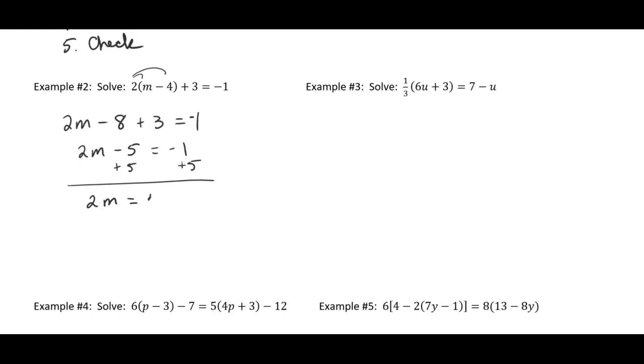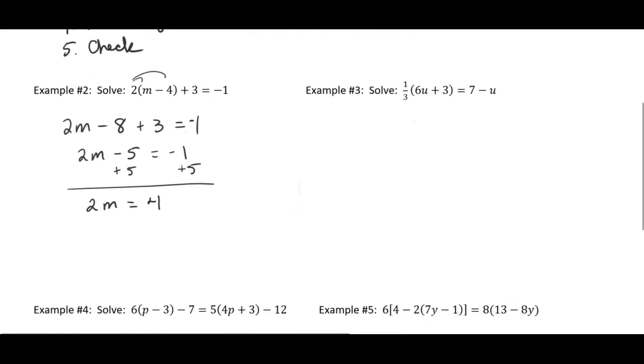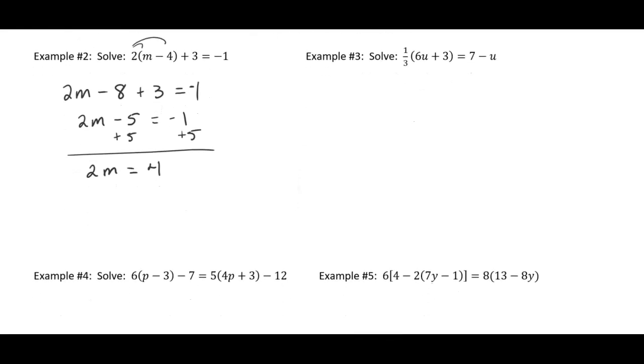That's going to be 4. We just have the one variable m by itself there. There weren't any other m's in the equation, so we could skip step 2. But we had to get the constants over on the right-hand side, so we did that.